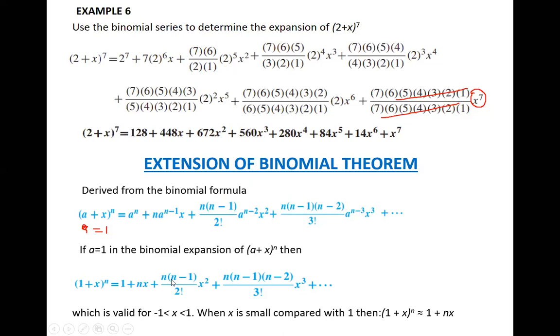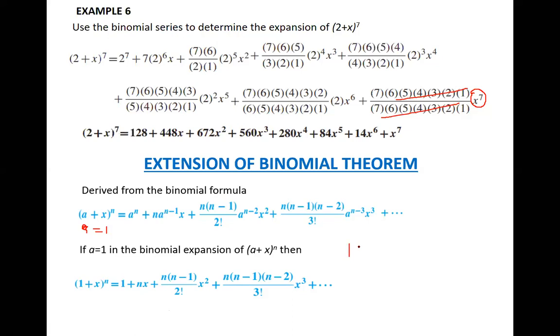So when you look at this extension here, it's valid when the absolute value of x is less than 1. This one here is straightforward and it's not difficult to master.